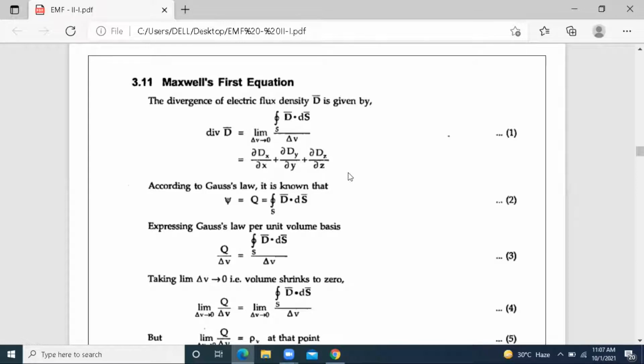Wait, sir, quick question, sir. If this is for the rectangular coordinate system, right, sir? So if it was in the spherical system, would it be different? Yes, it's different.